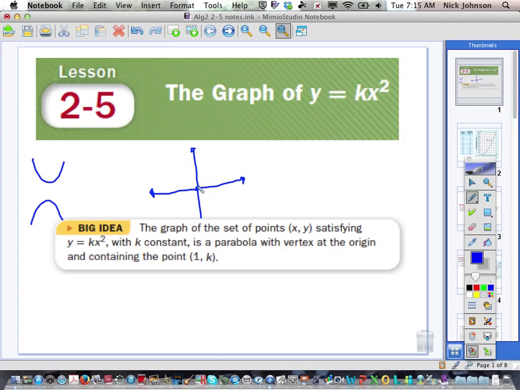So if I do (1, k), wherever k is, k might be here, I can graph that. And since parabolas are symmetric, if I go 1 over this way, it has to be the same height as well. So there I have my parabola.